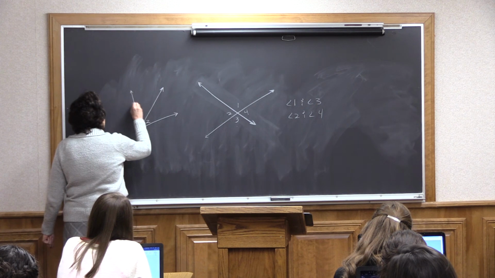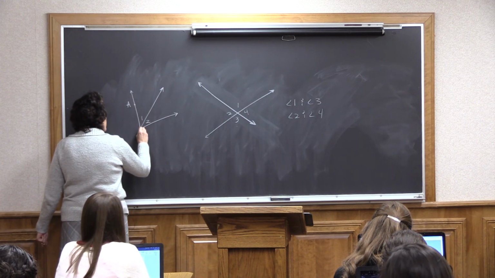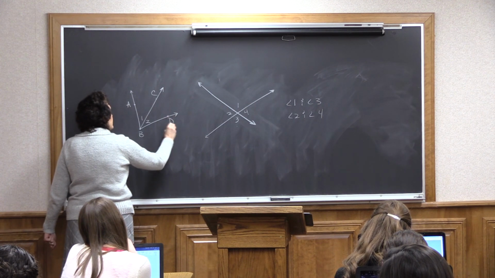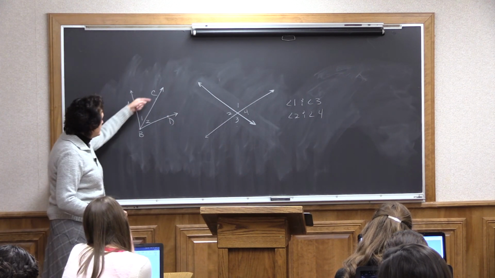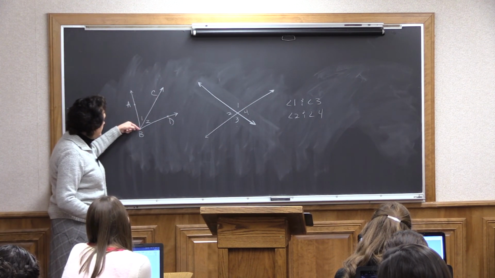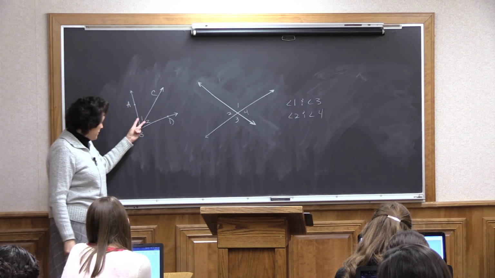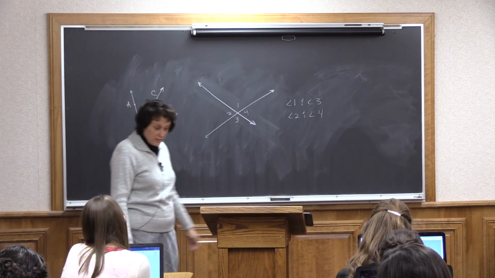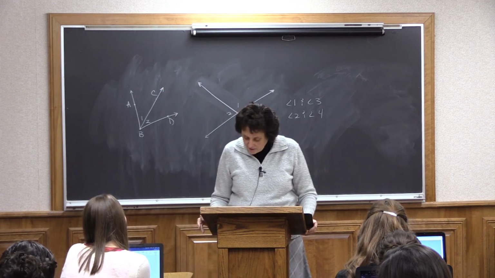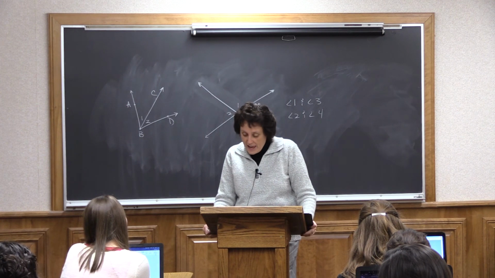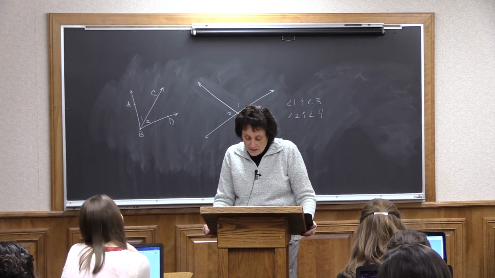Let's go ahead and give them some points. A, B, C, and D. We have angle ABC, angle CBD, and then angle ABD. But the two angles in the middle are called adjacent angles. Adjacent angles are two angles that share both a vertex and a common ray.